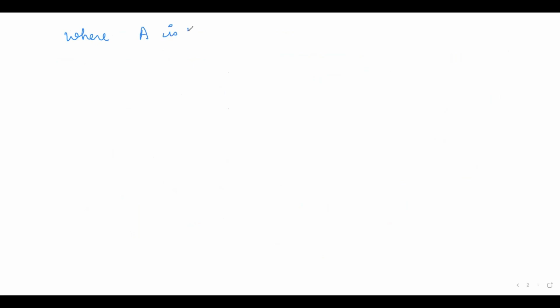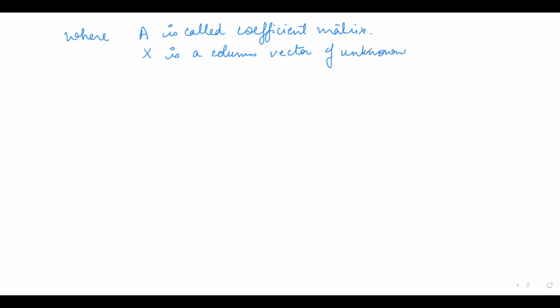So let me just write where A is called the coefficient matrix, and X, because it has one column, is a column vector of unknowns, and B is again a column vector of constants, right?